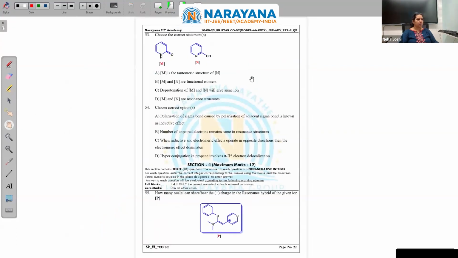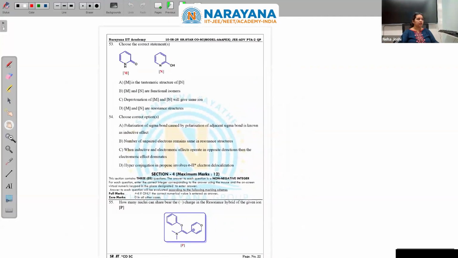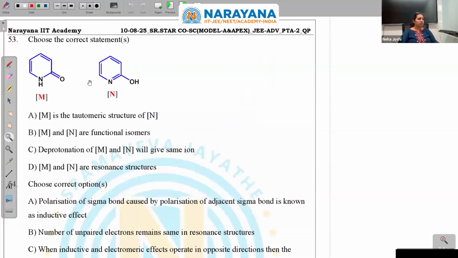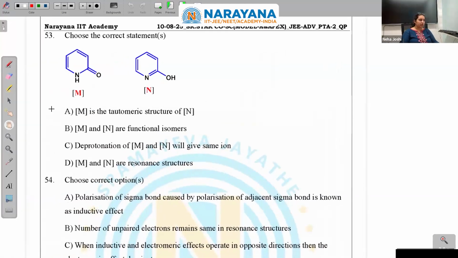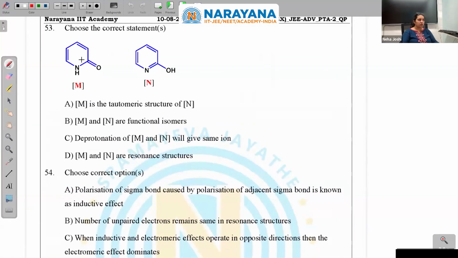Coming to number 53rd, choose the correct statement. M is the tautomeric structure of N. That is correct. As you can see, it is amide imidol tautomerism. M and N are functional groups. Yes, because tautomers are defined as two functional groups which are in equilibrium.